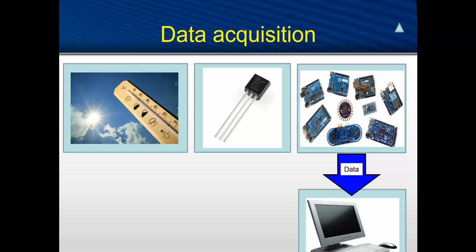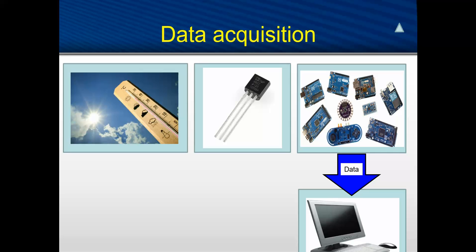This is an example diagram to help you understand it more. If you want to measure temperature, you have to have a sensor to measure it and connect it with the board you want to use.